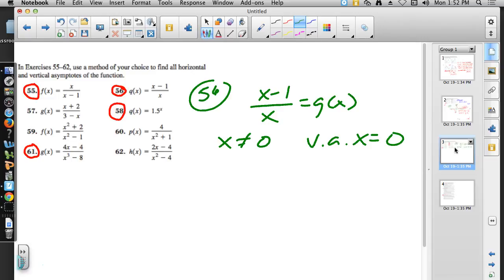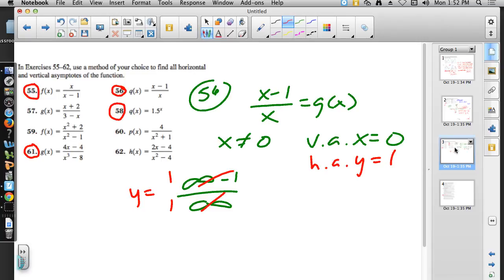Again, think about this as infinity minus 1 over infinity. Subtracting 1 is not going to do anything to change the fact that that's infinity. So we really will have 1 over 1 remaining here, and that'll be y equals 1 over 1. So the horizontal asymptote is y equals 1 for number 56.